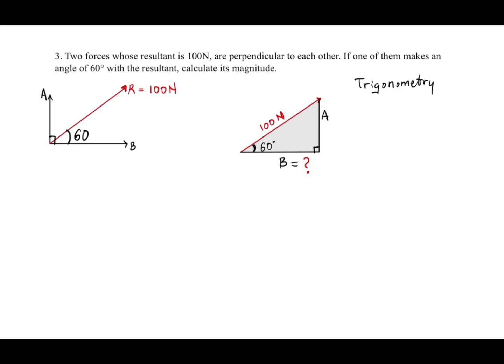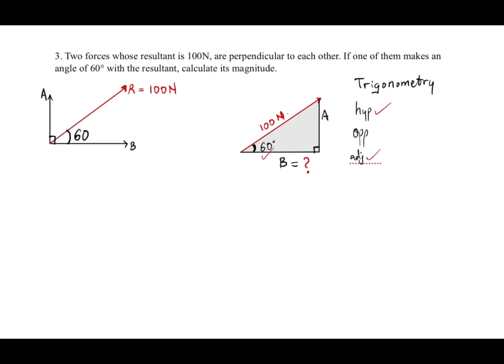So using our laws of trigonometry, we have the angle, check. We have the hypotenuse. We have the opposite, but we don't know the adjacent. We only have the hypotenuse, and we're looking for the adjacent.